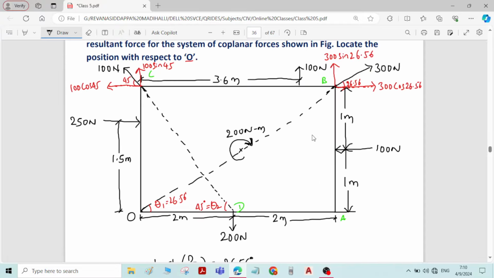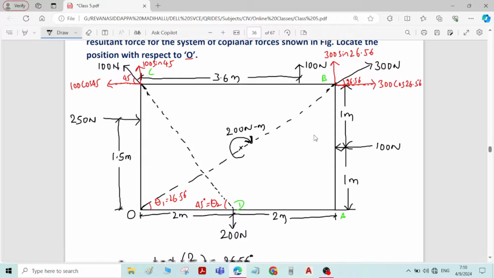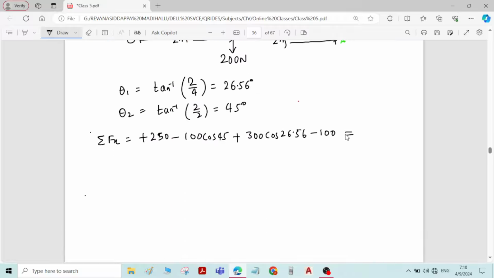I think we have covered all the horizontal forces. For this, answer is 347.6 Newton.